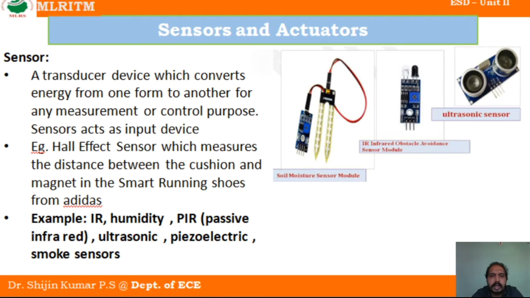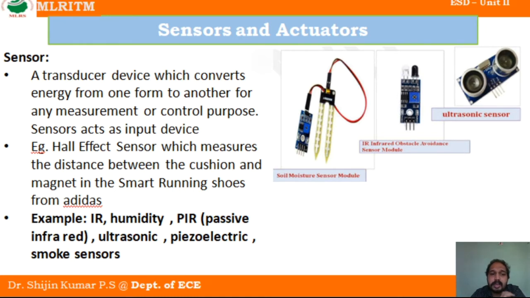So we will study about sensors. Normally sensors are transducers, because the input to a microcontroller is always some voltage. The values present inside the environment have to be converted to some voltage, so for that purpose we use transducers as sensors.